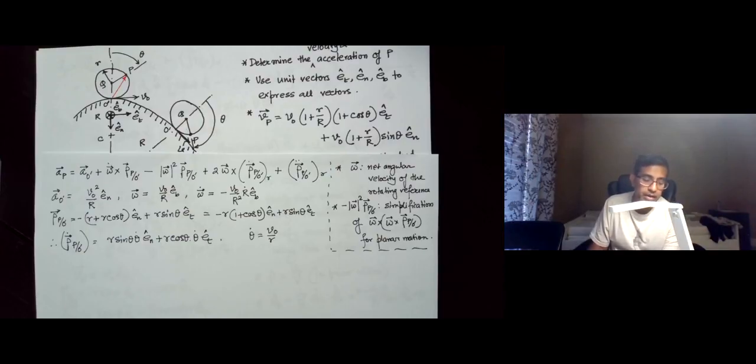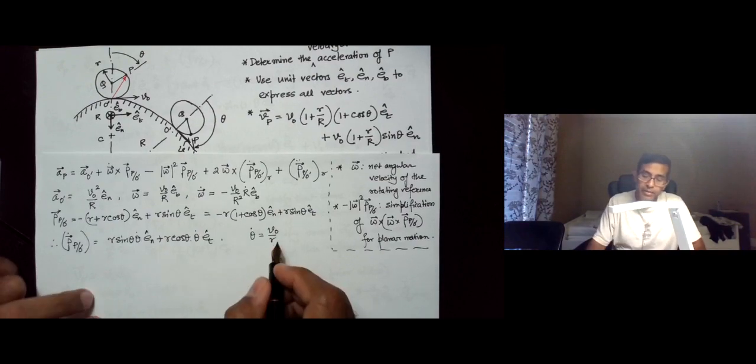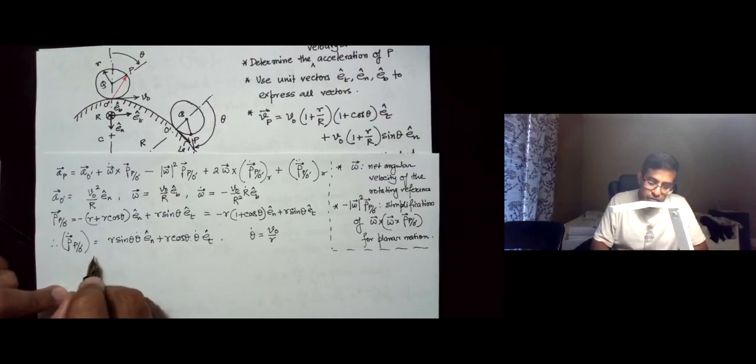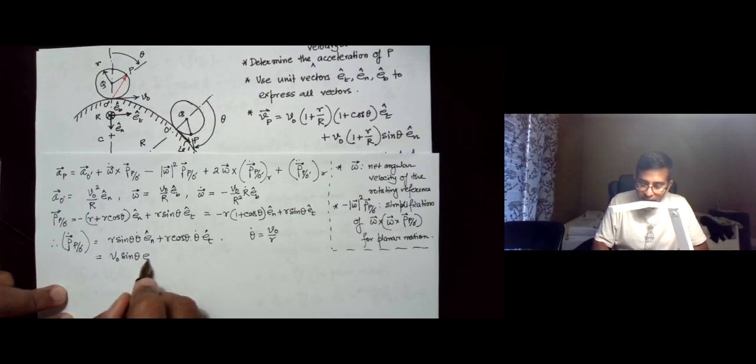It was found out by imposing the fact that the point of contact on the disk is at zero velocity instantaneously, and we know the velocity of the point Q, and so from there we are able to find out that theta dot is V naught divided by small r. Alright, so we substitute that here, and we have V naught sine theta En plus V naught cosine theta Et.